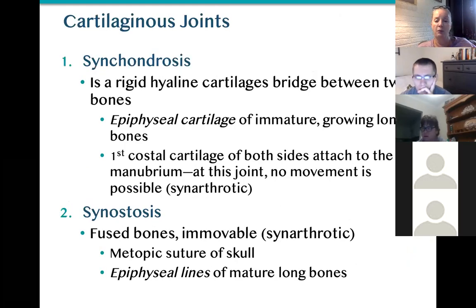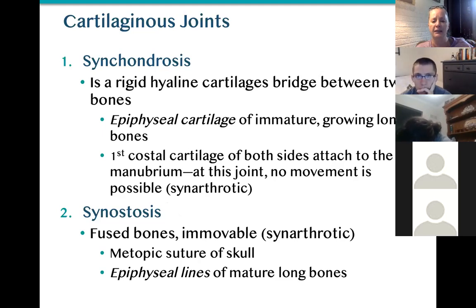Okay, now we go on to our cartilaginous joints. In cartilaginous joints, the first type is called a synchondrosis. Again, joined together tightly with the word syn, chondrosis, cartilage. So it's a rigid hyaline cartilage bridge in between the bones.